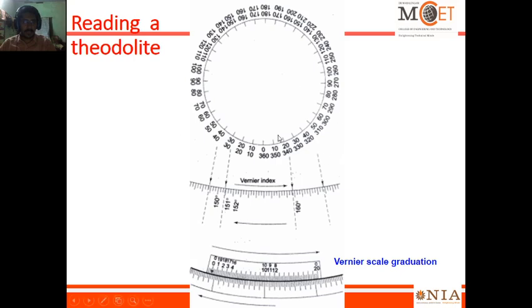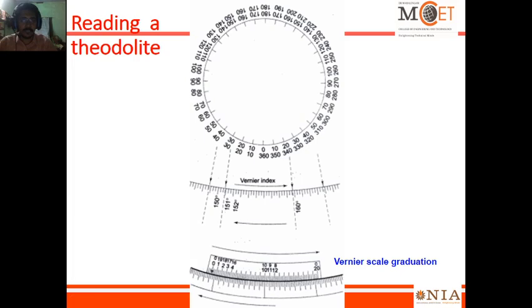Here you can have 0 to 360, and 0 to 180 and again 0 to 180, right? This is the way of representation of the graduation. This graduation circle will be in the horizontal circle and the vertical circle.